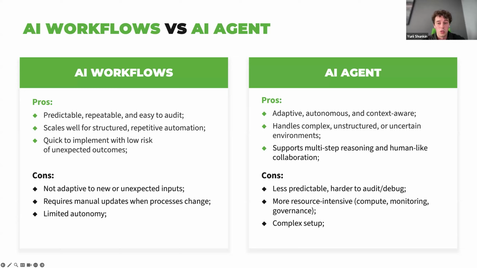But in practice, most systems are a combination of both. Workflows for reliable problems where you know the actual steps you need to do, and agents for adaptability and for tasks where you don't know what decision you need to make before starting the task.